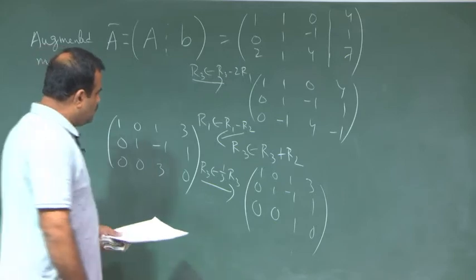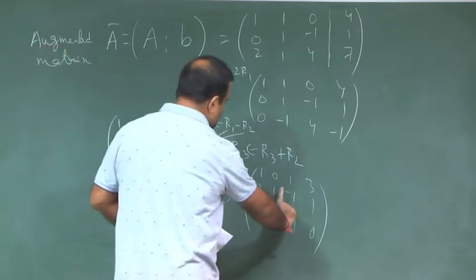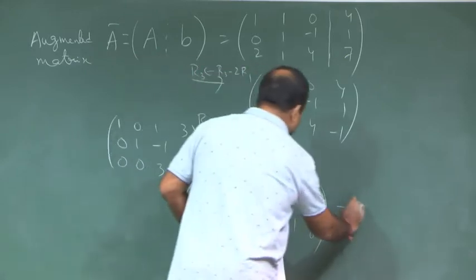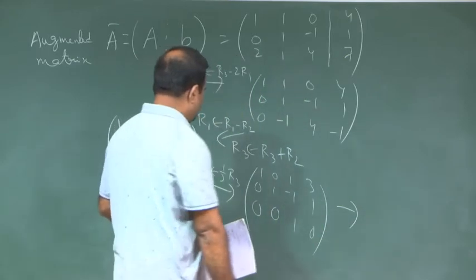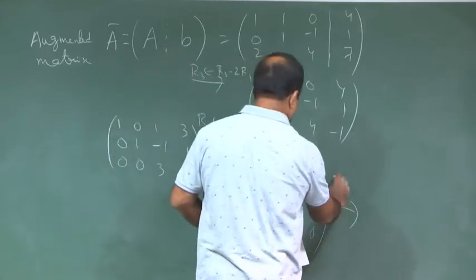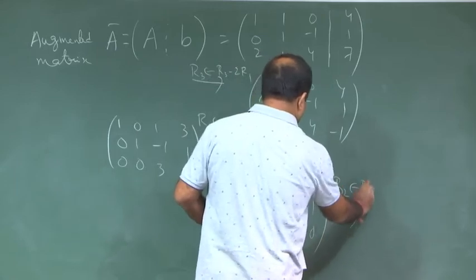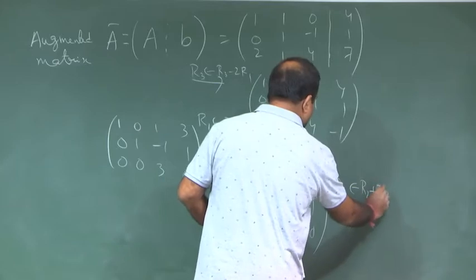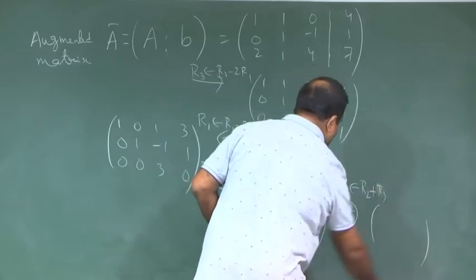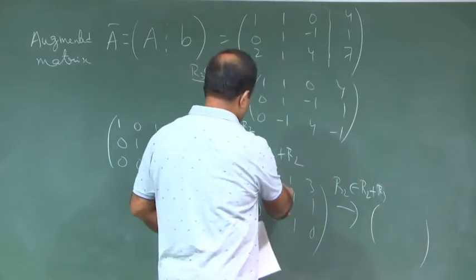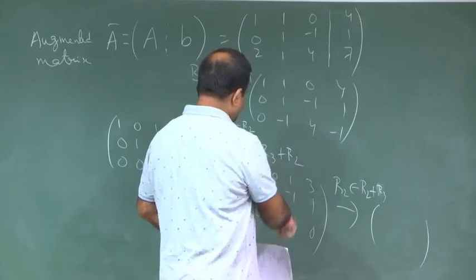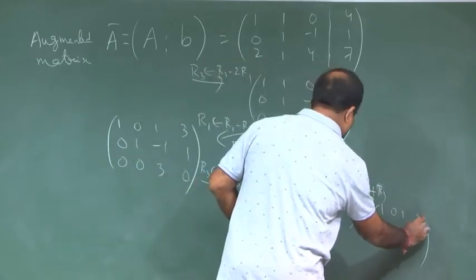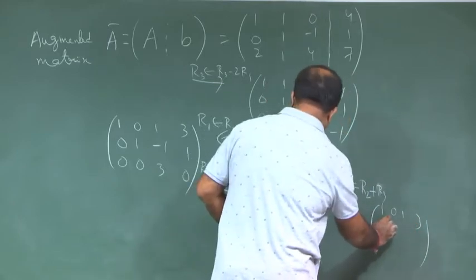Okay. So now if we just add these two up, then this will become 0. That means R2 goes to R2 plus R3. So the first one remains unchanged, 1 0 3, then this will change.